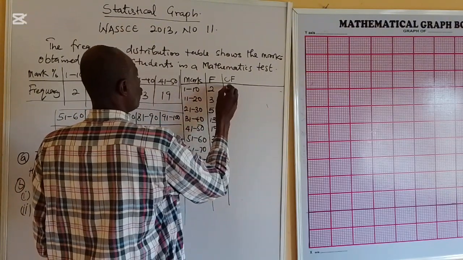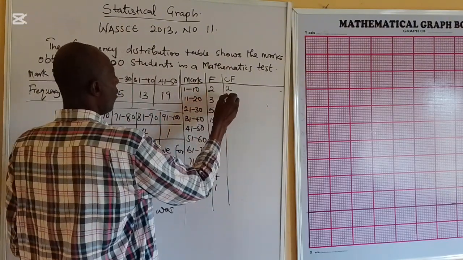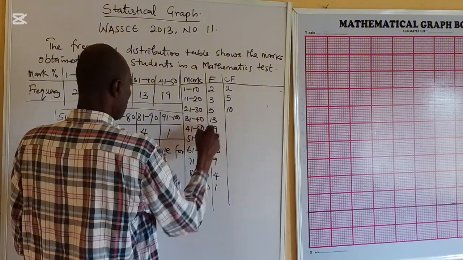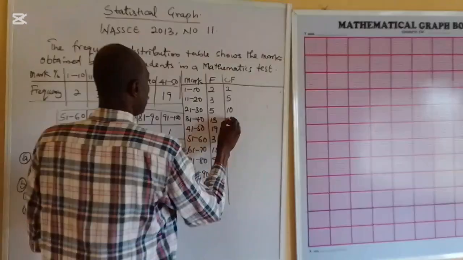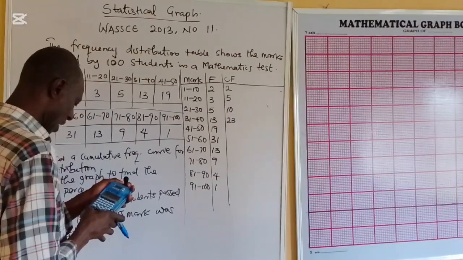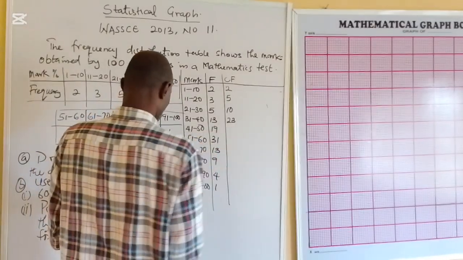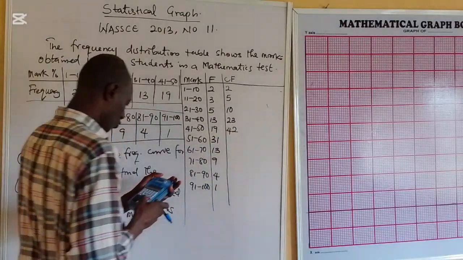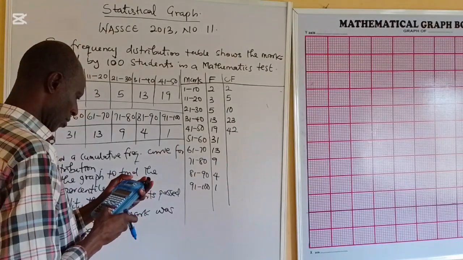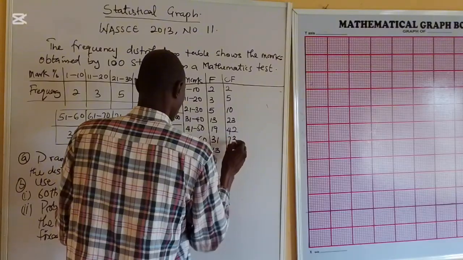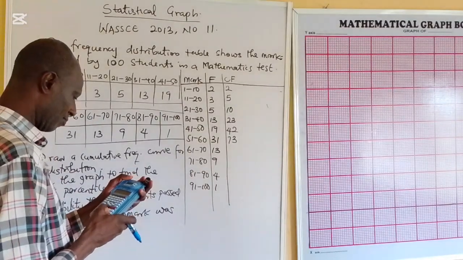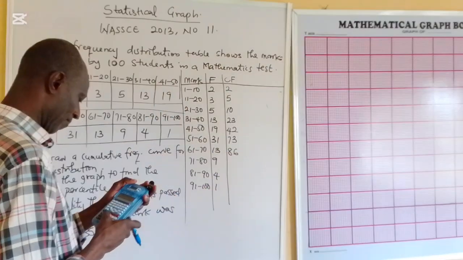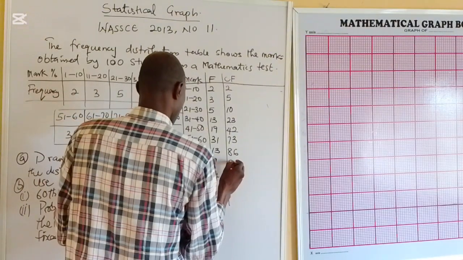So here, I'll bring down 2. 3 plus 2 is 5, 5 plus 5 is 10, 10 plus 13 is 23, 23 plus 19 gives us 42, 42 plus 31 gives us 73, 73 plus 13 gives us 86, 86 plus 9 gives us 95.